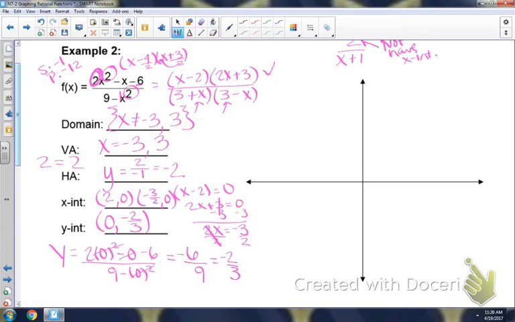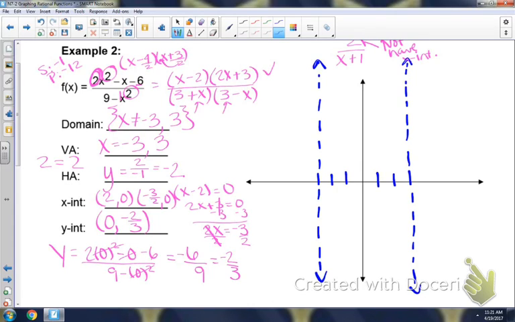Okay, so now we're going to graph our asymptotes. So vertical asymptotes are at negative 3 and positive 3. And then your horizontal is at y equals negative 2.